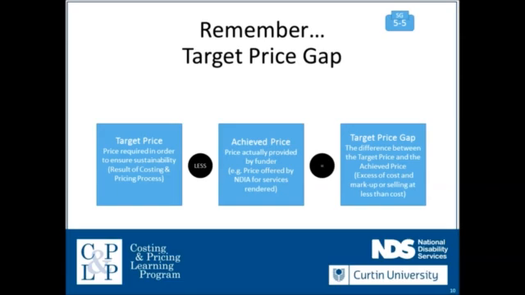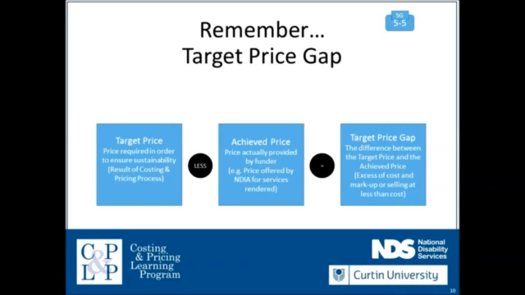That is the target price, the price that we would like to be able to achieve in order to ensure our financial sustainability, and that price is actually the result of the costing and pricing process as compared to or taken away from the achieved price, which is the price that's actually provided by the funder themselves. So for instance, it might be the price offered by the NDIA for services rendered, which will give us the target price gap.